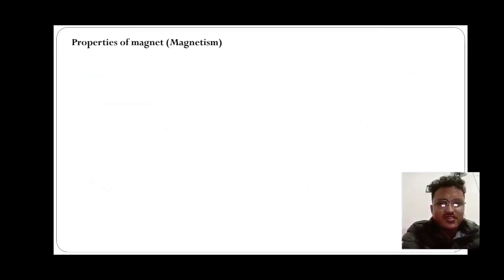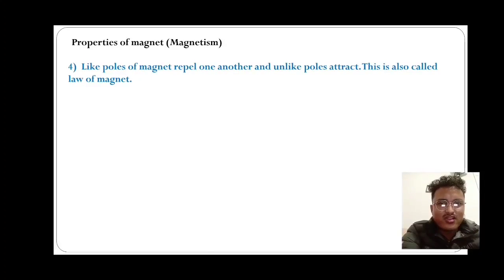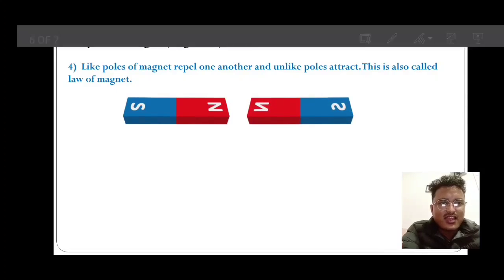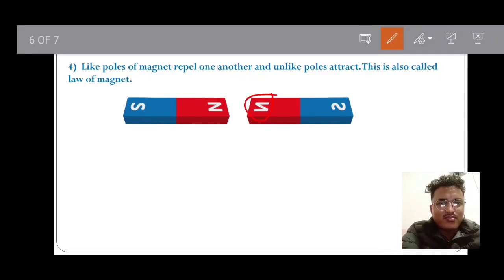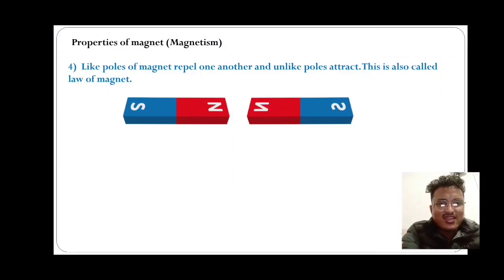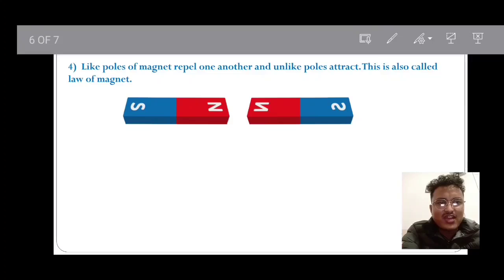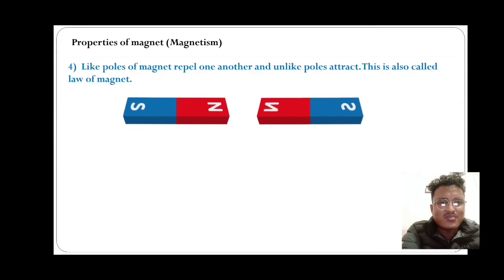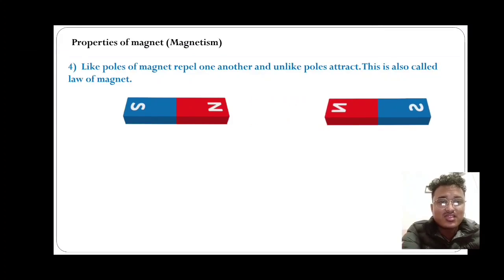The last property for today: like poles of a magnet repel one another and unlike poles attract. This is also called the law of magnet. Here we have two bar magnets and the same poles, north and north, are facing each other. In this case, the like poles facing each other do not attract each other but instead repel, meaning they throw each other away.